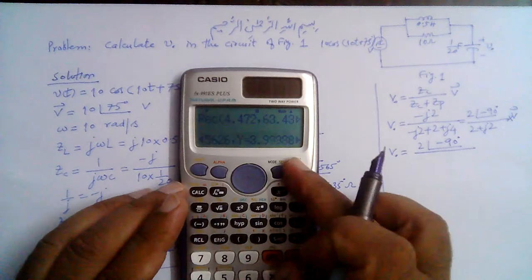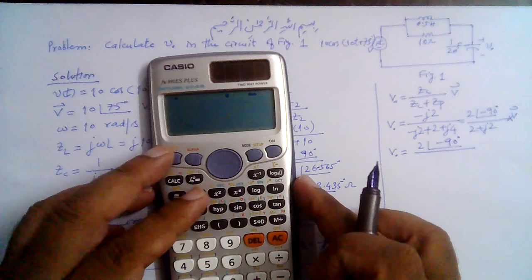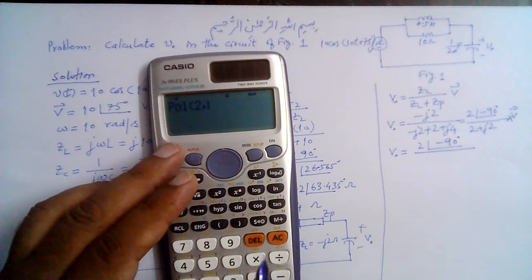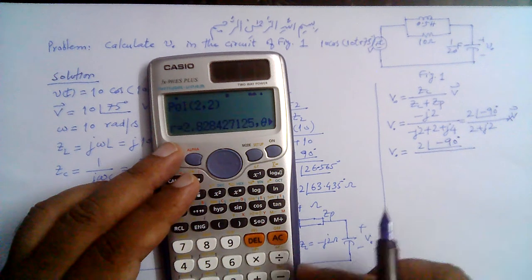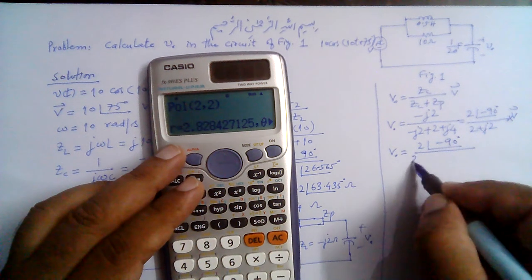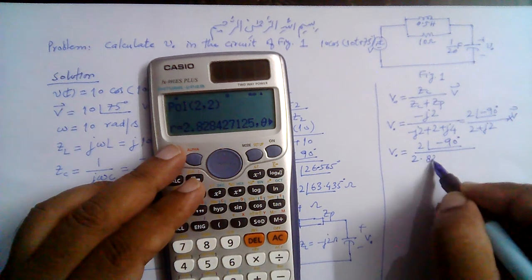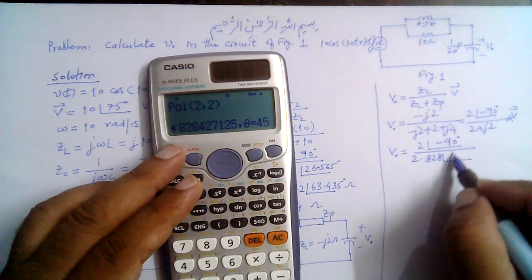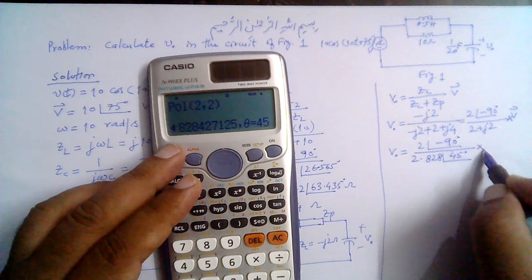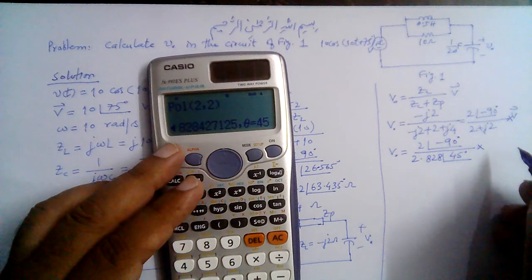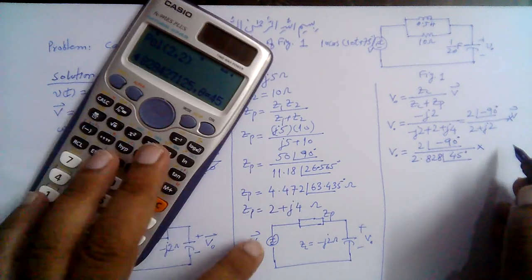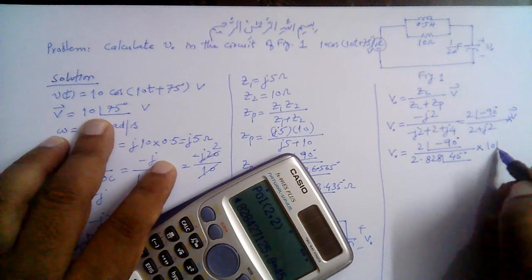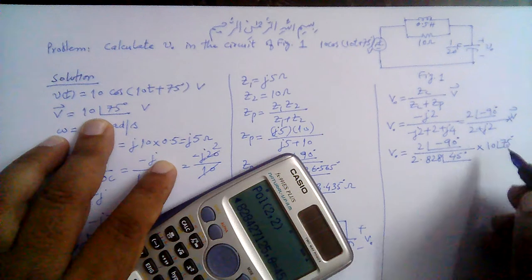So let's convert this into polar form. 2 plus J2 will be 2.828 at an angle of 45 degrees, and V here is basically 10 angle 75 degrees.